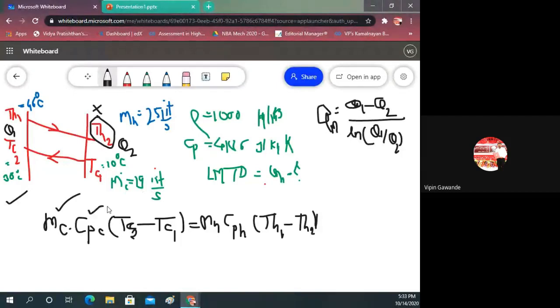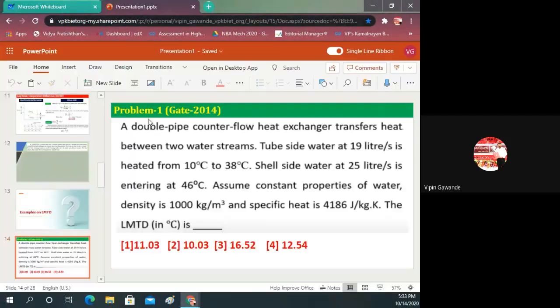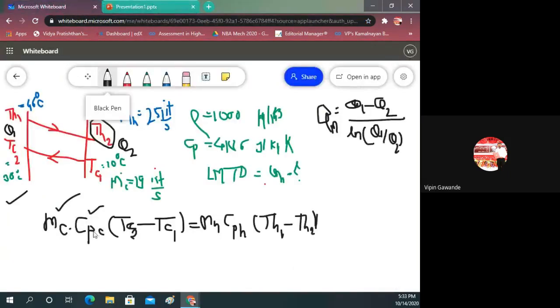CP is given. Both the fluids are water only. Here there are two water systems, so CPC and CPH are the same because both are water. So we can cancel them out.